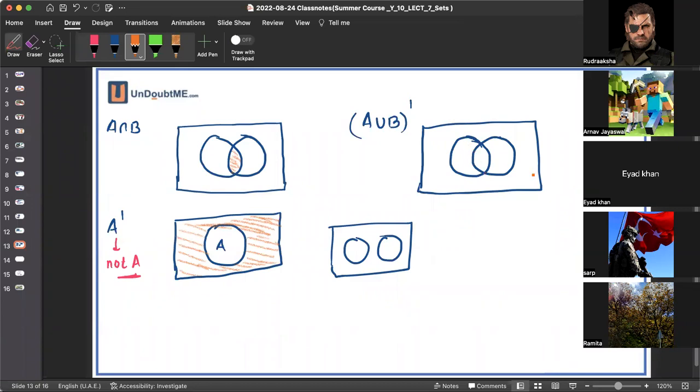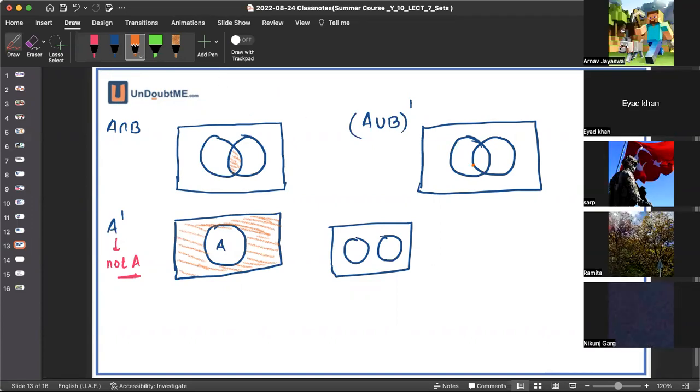Arnav: Sir, it would be everything that's outside of them, outside of the Venn diagram. Outside these two circles? Yes, outside the circles.